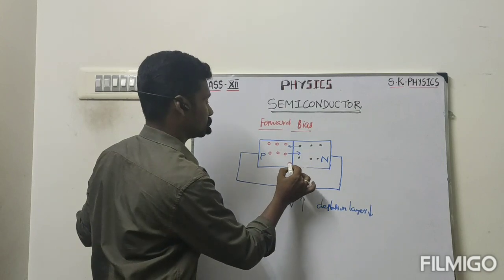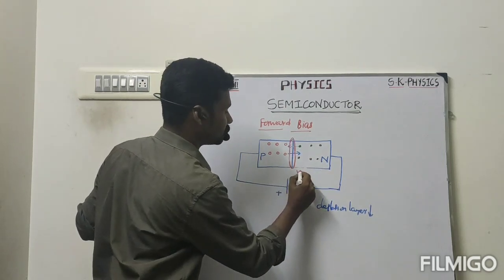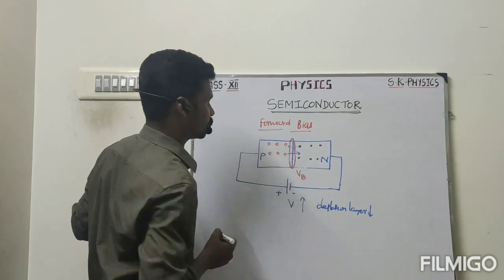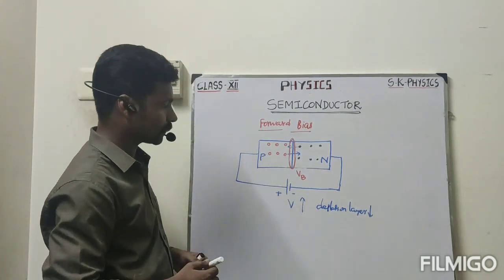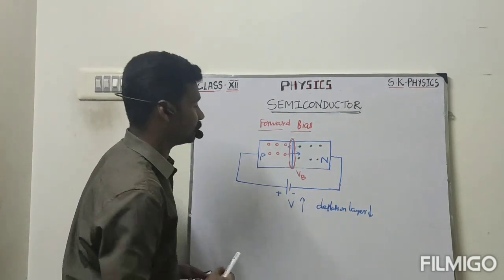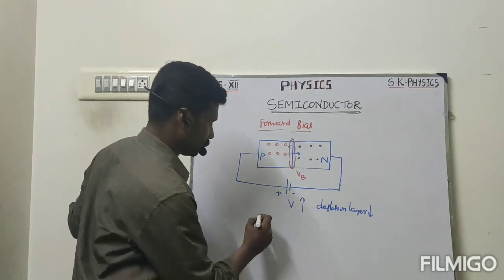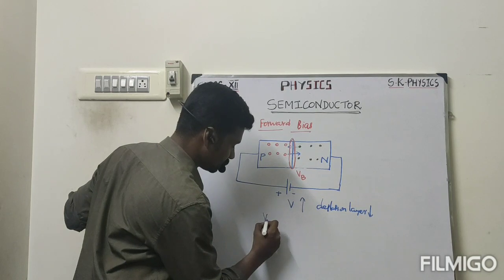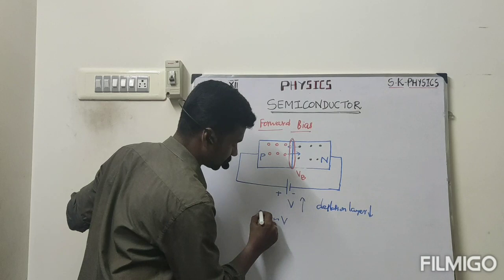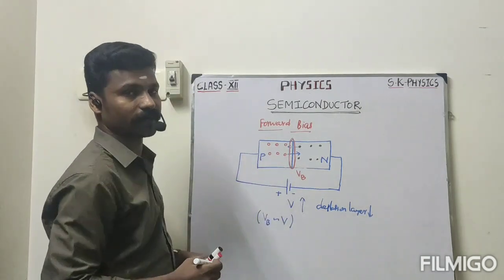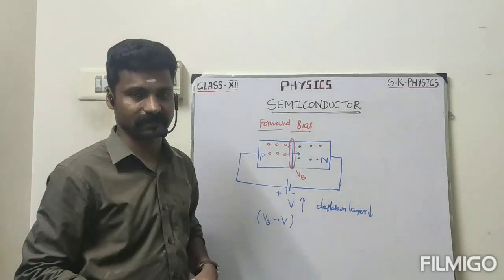Then you know very well one more word here, that is potential barrier. That potential barrier I can write as V suffix B. But here V is nothing but the applied potential, VB is nothing but the potential barrier. Generally in the forward bias, this potential barrier value is nearly equal to the applied potential. So only here we can get somewhat maximum current.